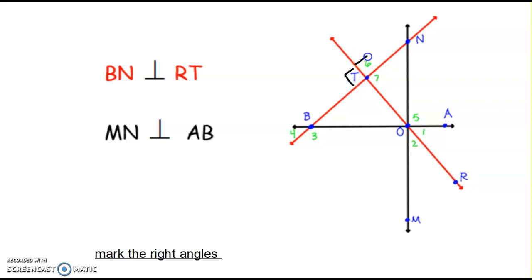So we're going to mark all of these as being right angles. The second part of the information here says that our black lines, MN, which is this vertical line, is perpendicular to AB. So if we were going to mark all of our angles there, just looking at the black lines, here are 4 right angles.